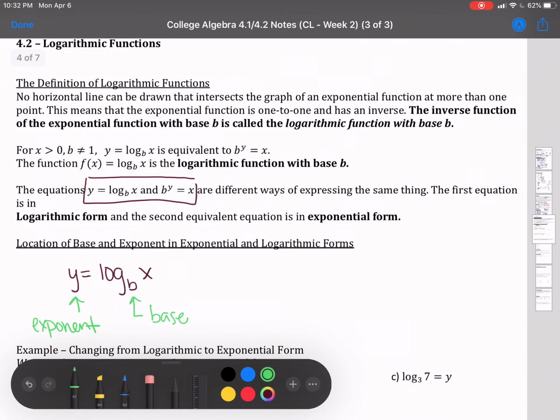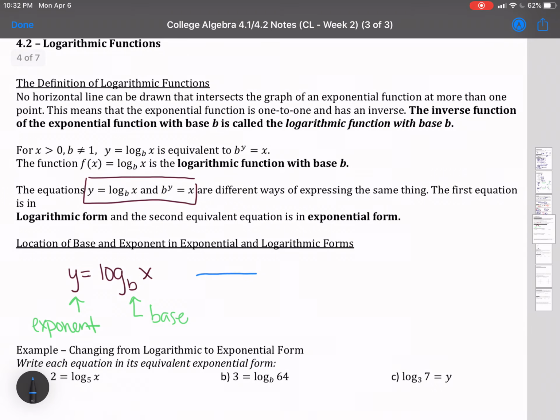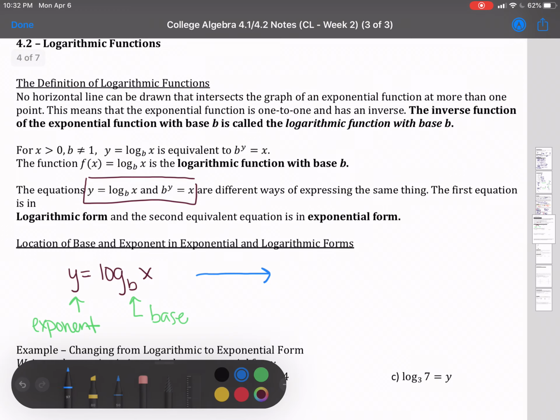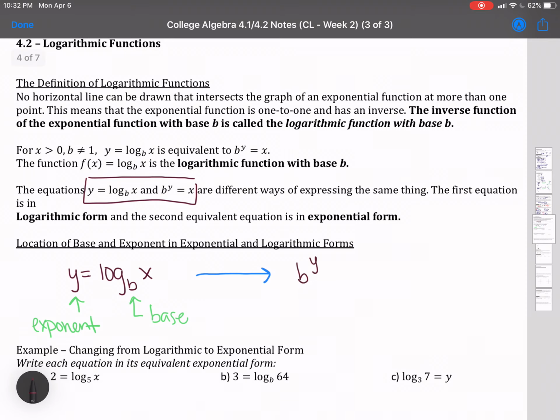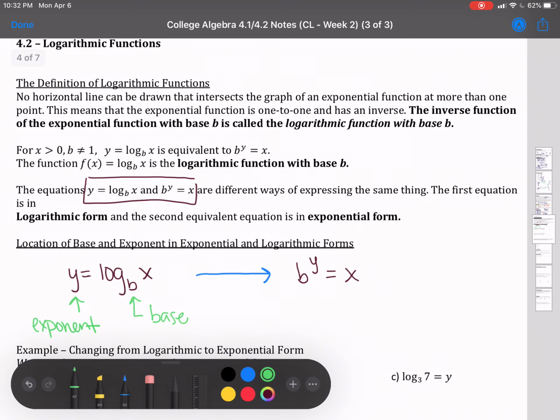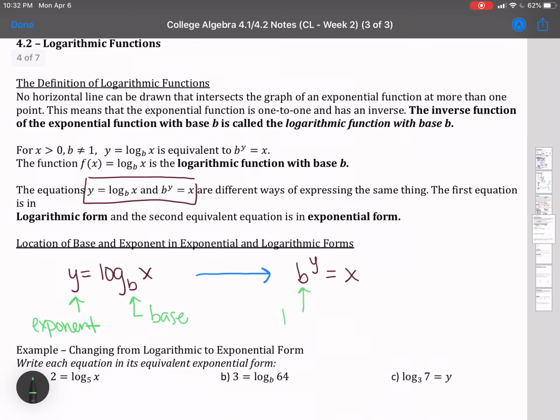If we transition this to exponential form, we have b to the y power equals x. Again, the b is our base, and the y is our exponent.